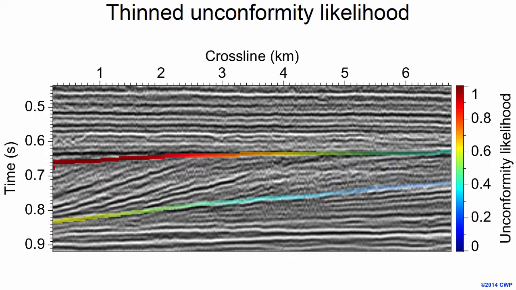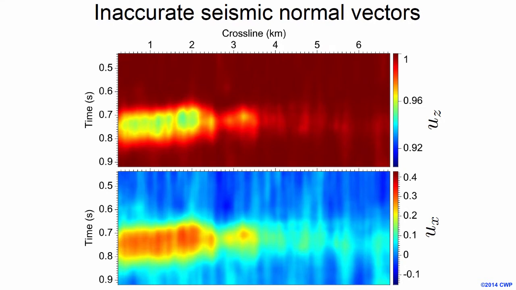The seismic reflection structures below and above the unconformities are different, which means that the seismic normal vectors should be discontinuous at the unconformities. However, the seismic normal vectors estimated by using the conventional structure tensor method shown here are smooth at the unconformities.